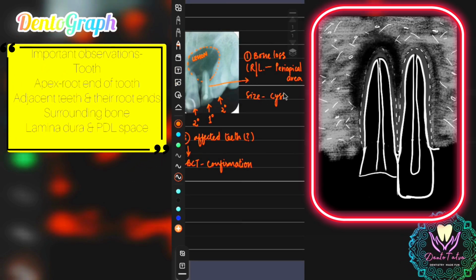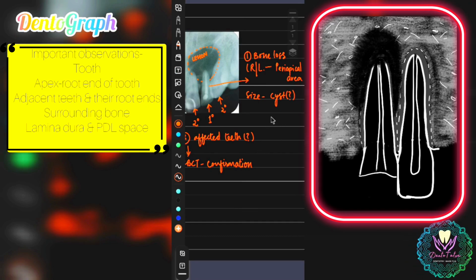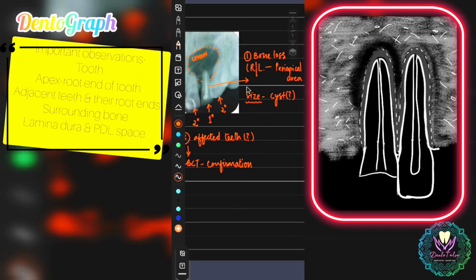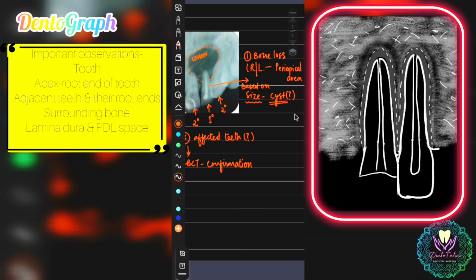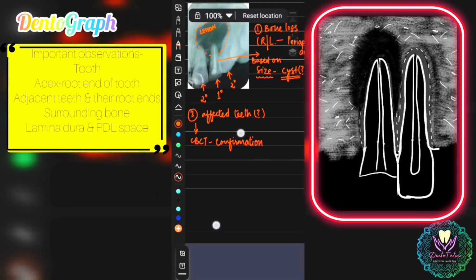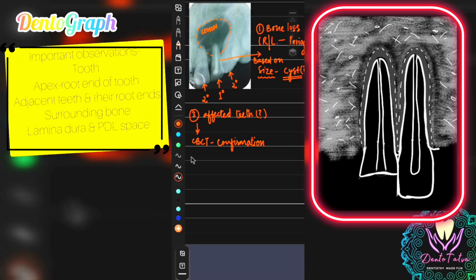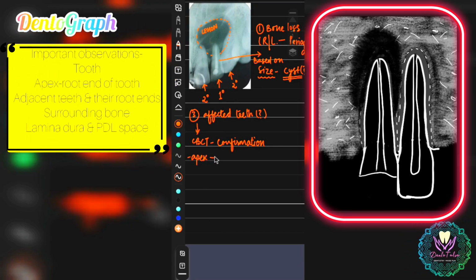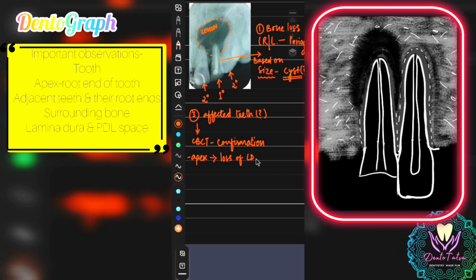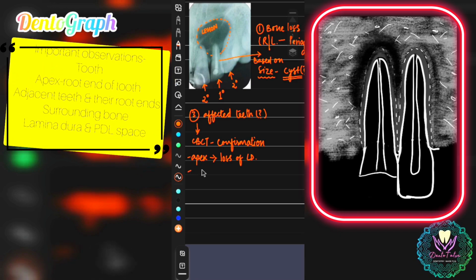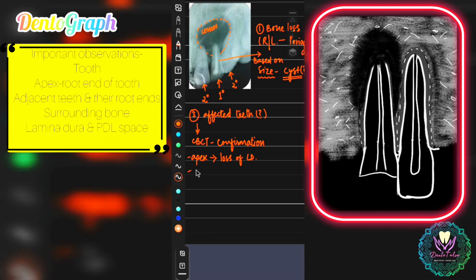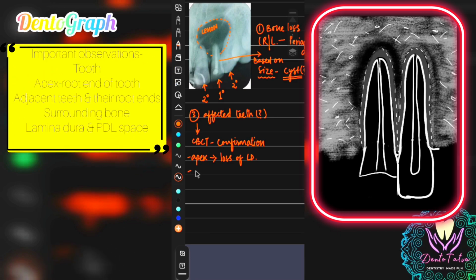Now, carefully observing the X-ray, we need to first understand the lesion and the final diagnosis related to the type of lesion, whether it is a periapical abscess, cyst or granuloma. But based on the size, since this is almost 1 centimeter, we could say that this appears to be a cyst rather than a simple abscess.